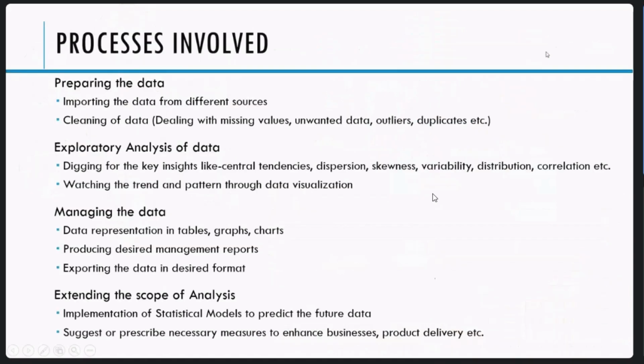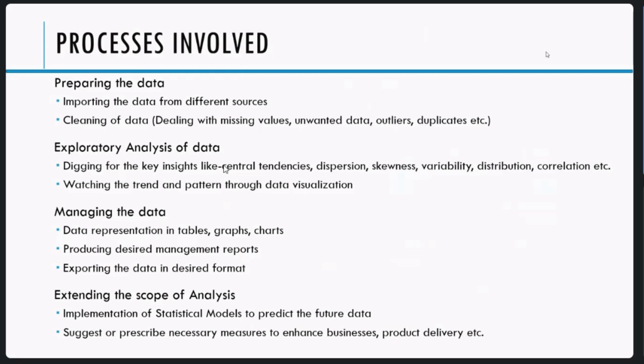Now we'll discuss the processes involved. In data analytics, we do these four main types of processes. What are they? First, you gather the data and prepare it. Then you have to do the exploratory data analysis.